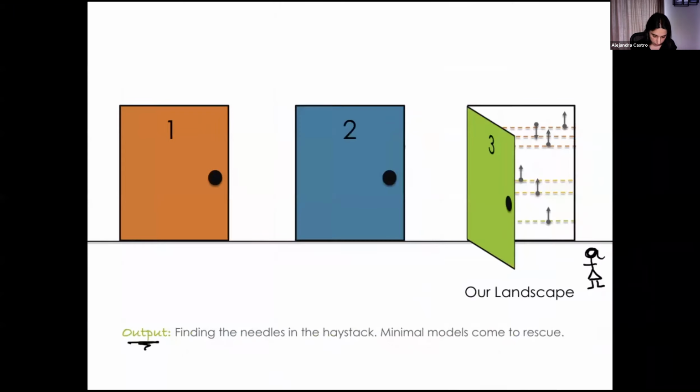And the punchline of this talk will be the output, and it will be that we will find interesting answers. I hope I'll illustrate that it will look like finding needles in a haystack. It was a bit challenging to find these CFTs, even with this approach, even within the subset, but we managed to identify all possible candidates.